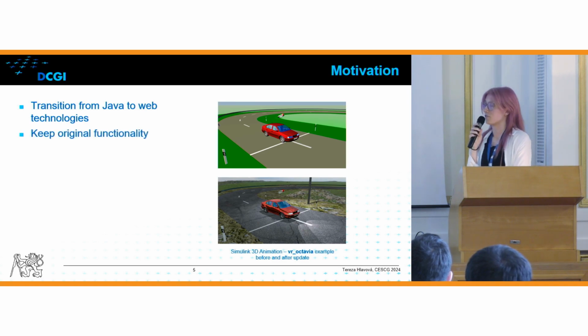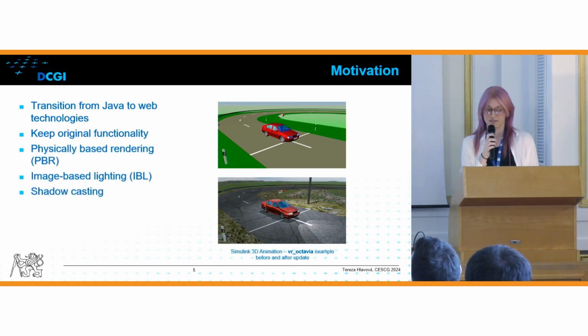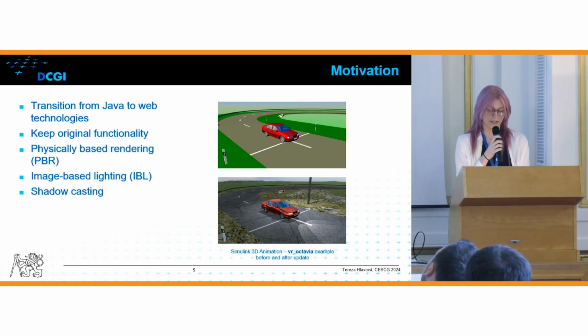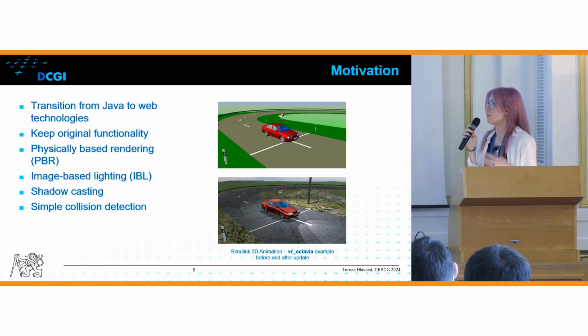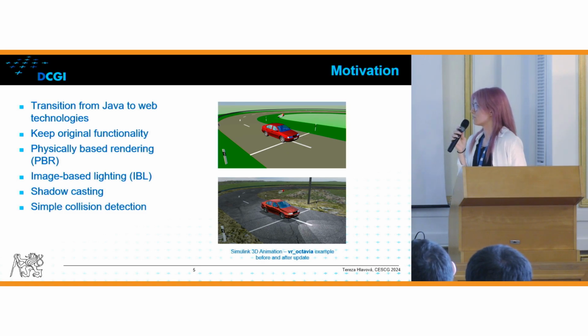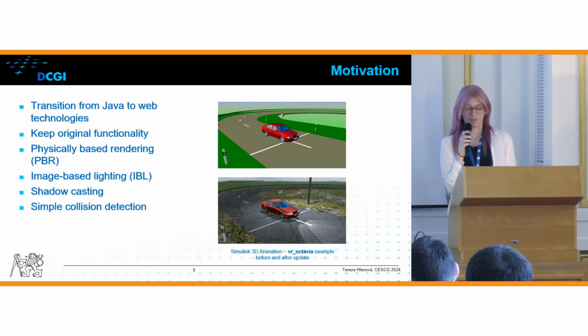We wanted to keep most of the original functionality, of course, and we wanted to enhance the rendering capabilities. So we wanted to introduce physically based rendering, image-based lighting, and shadow casting. And also we wanted to do some improvements in simple collision detection. Here you can see an official example of Simulink 3D animation called VR Octavia, and on the bottom you can see how the example can be updated to have its looks enhanced with the new renderer.